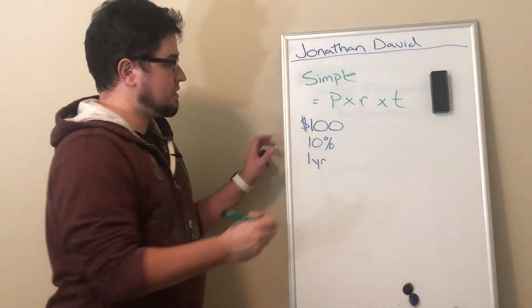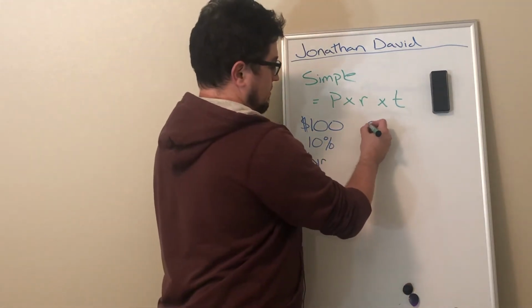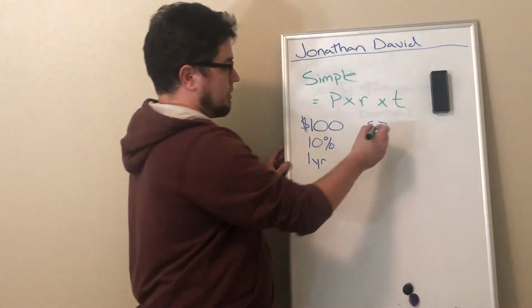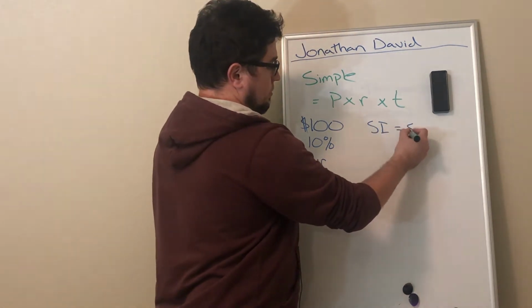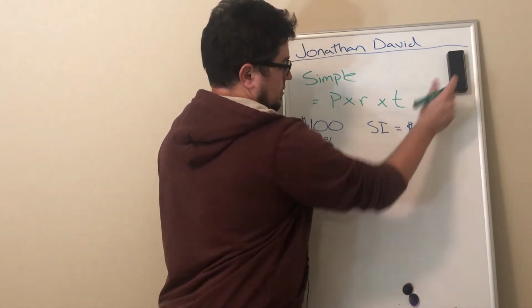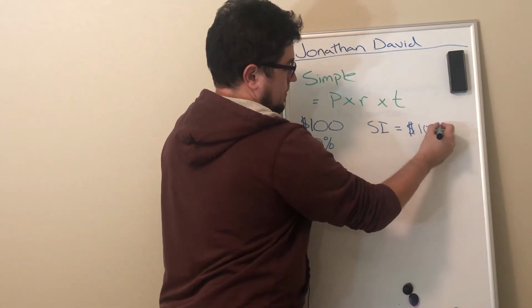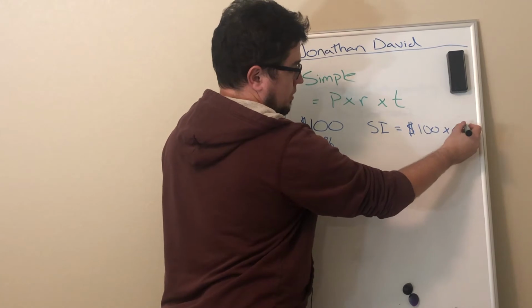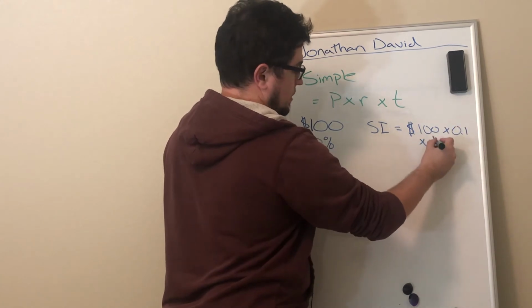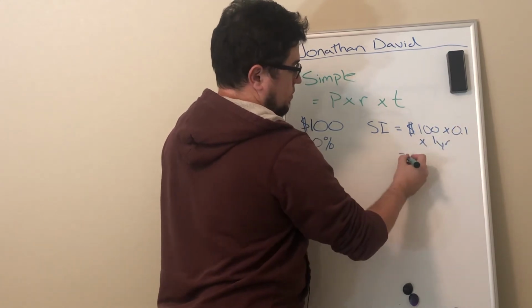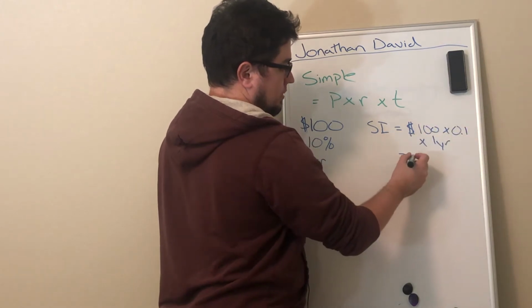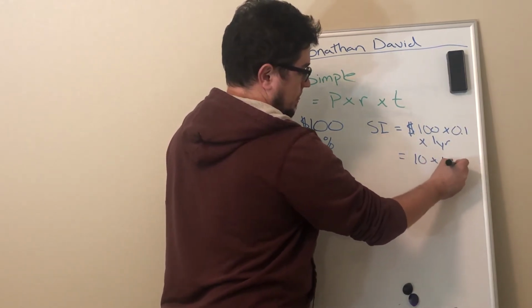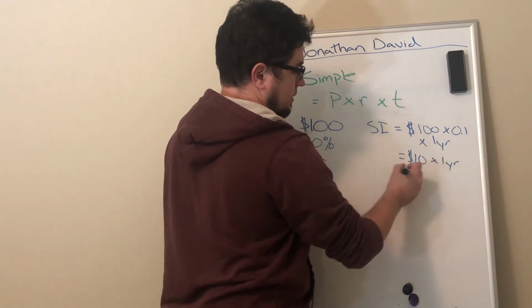So by this equation, your simple interest, the interest that you'd be paying over this time period, is going to equal 100 times 10%, which you can rewrite as 0.1, times 1 year. 100 times 0.1 is 10, times 1 year is $10 in that first year.